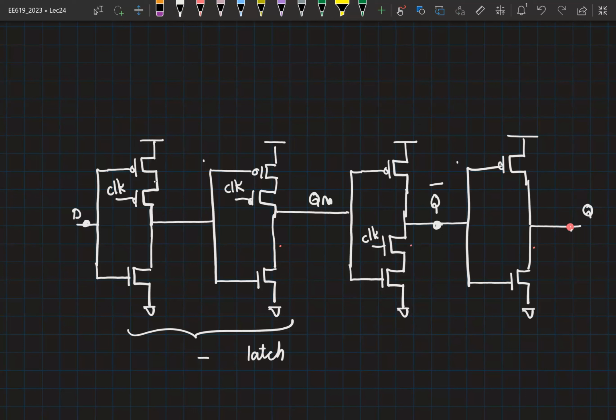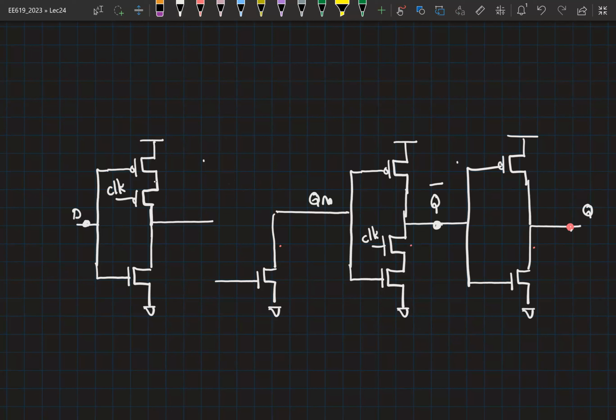Okay. Now I'm going to make some change to the second stage in this latch. So the first change is I'm going to put the PMOS transistor, instead of that PMOS, I'm going to connect it to the NMOS side, and this gets connected here.